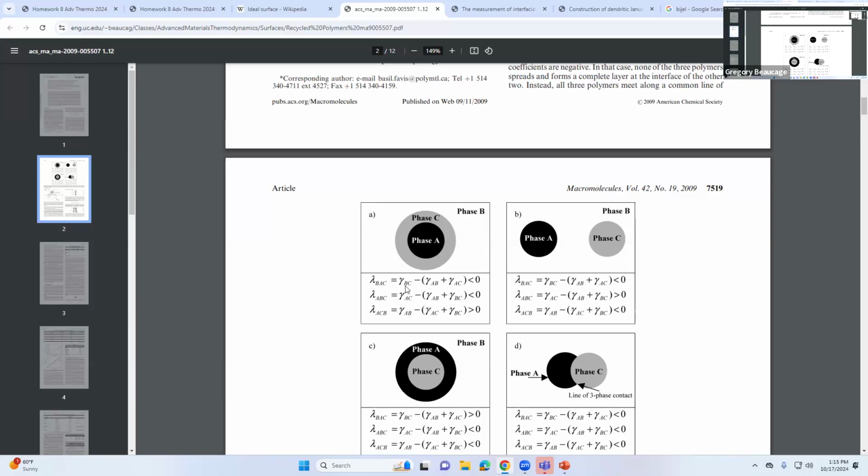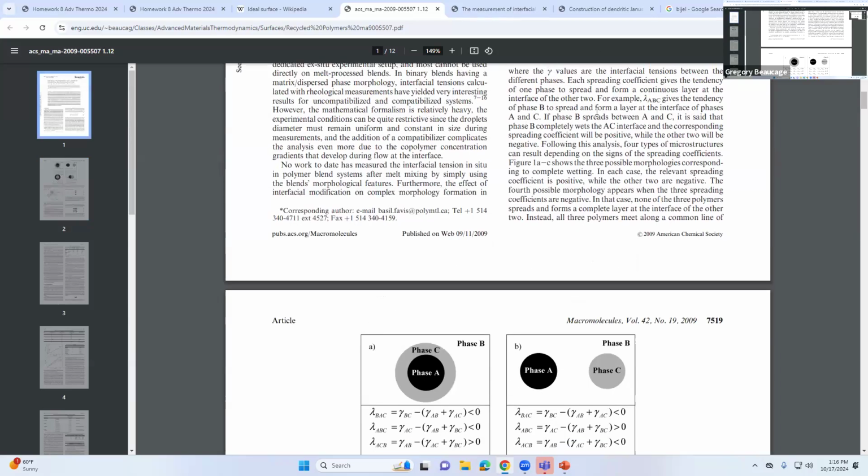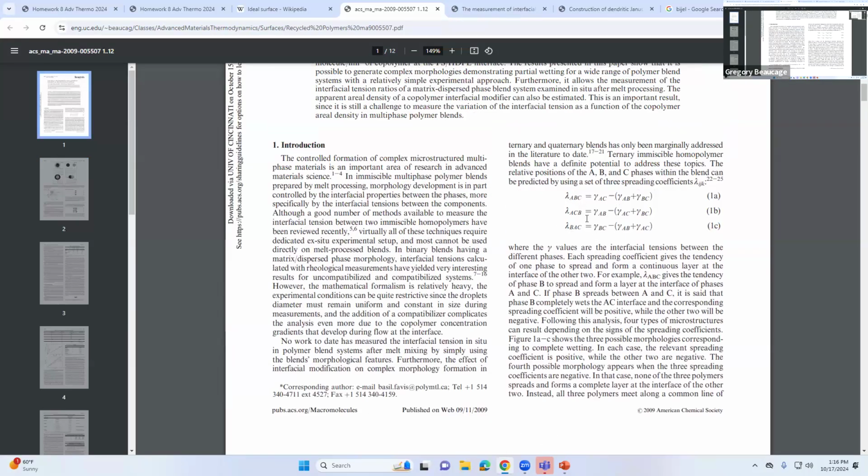Basically, it's just which one's smaller than the largest one; the smallest one will make them stick together. If this is negative, the thing's smaller than those, and that means A and C stick together. If that's positive, that's larger than the others, you get this setup basically. So that's the logic behind it. So you have to kind of work that out for yourself, like what the logic is for that.